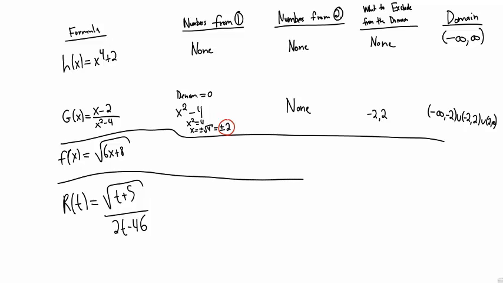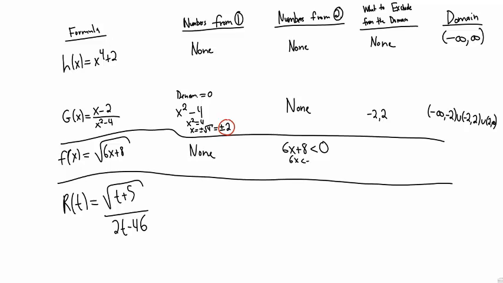How about this next one? Here's one with a radical in it. So this, first of all, has no denominators, nothing to exclude from case 1. And then for case 2, it does have an even index radical, right? We're taking the square root of 6x plus 8. So we want to know for which values of x is the radicand negative, strictly less than 0.